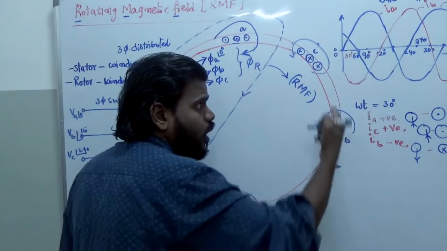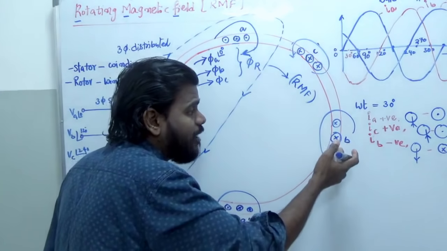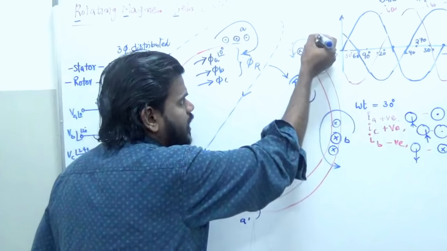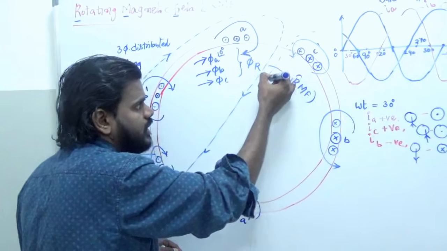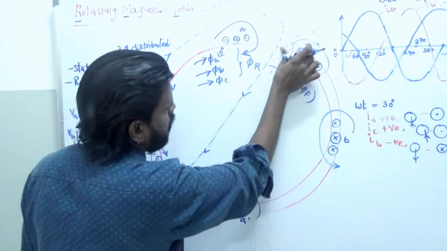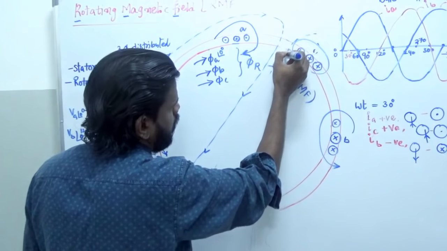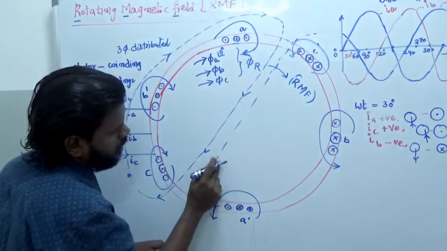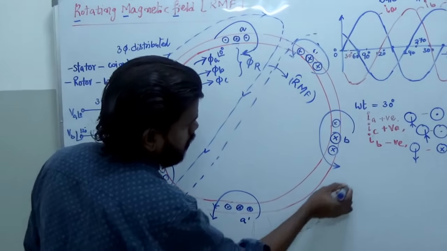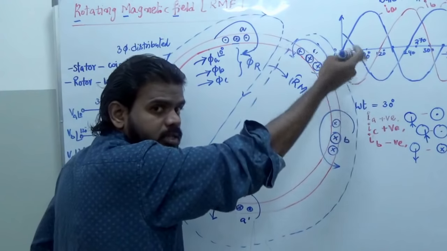And what is happening here? All the three different sets here are having anti-clockwise direction for the flux. So here I can make the net resultant flux. Net resultant flux moving this way, right?